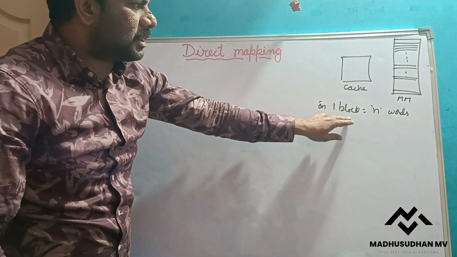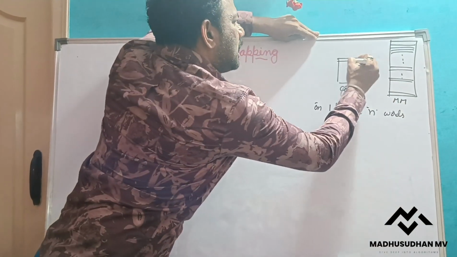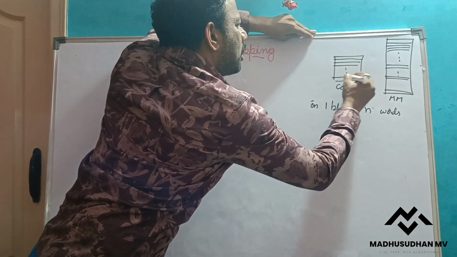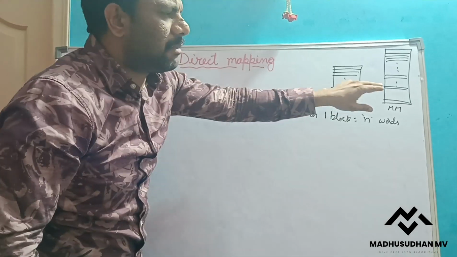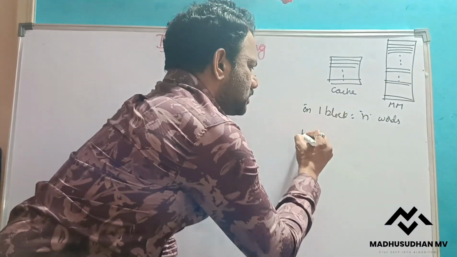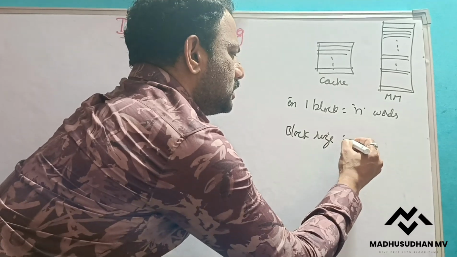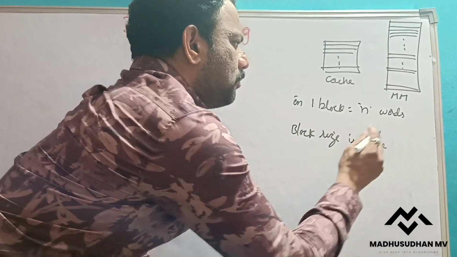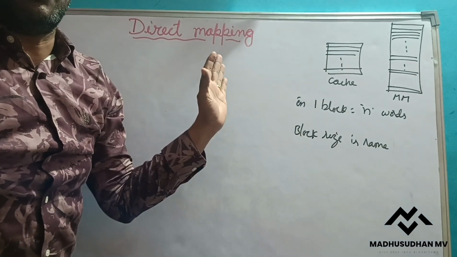Similarly, the cache is also divided into blocks, and the block size of cache should be the same as the block size of main memory. Both block sizes should be the same.